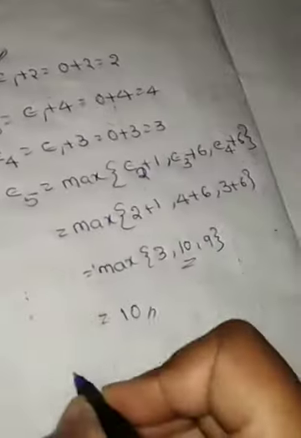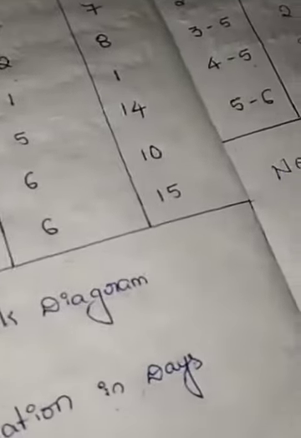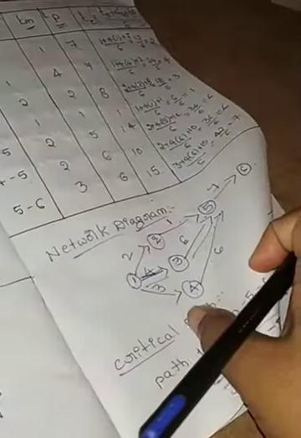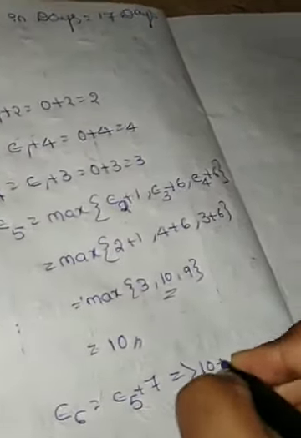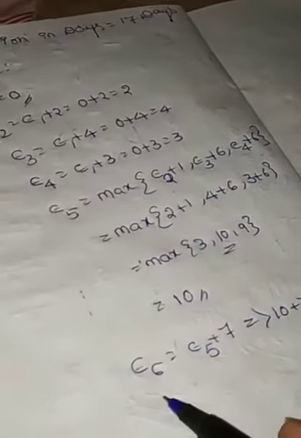That is E5. Next we calculate E6. The arrow comes from 5, so E5 plus 7, 10 plus 7 is equal to 17 days. The critical path also has 17 days and the E6 value is also 17 days.